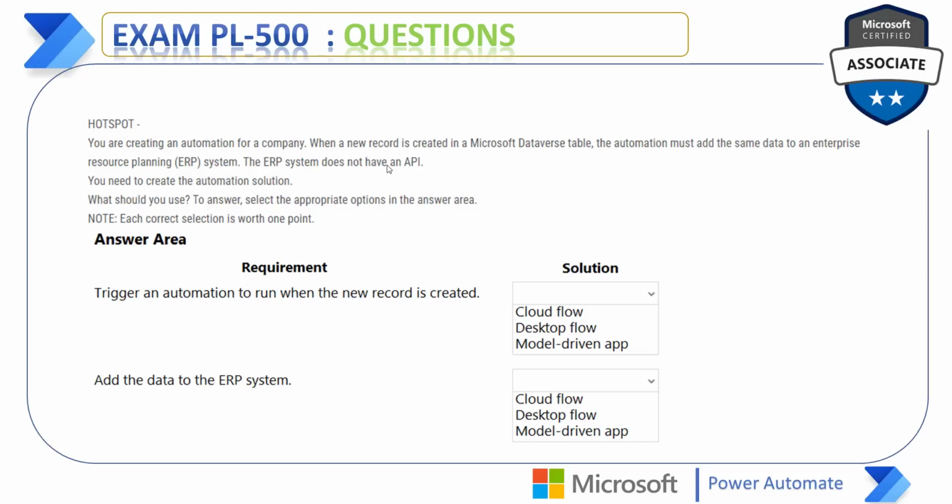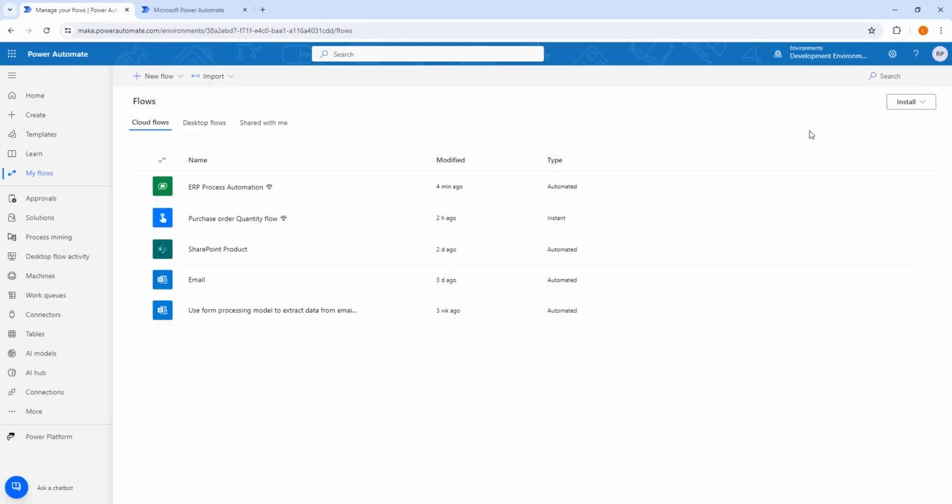To add the same data which we have in the Microsoft Dataverse table into the ERP system, how can we go ahead without an API? That is by using desktop flows.